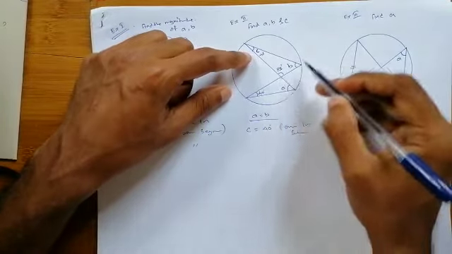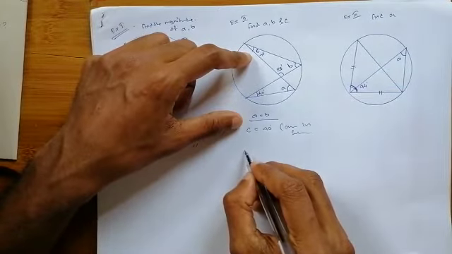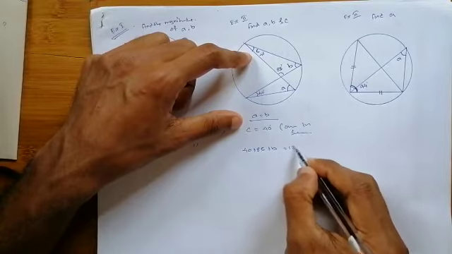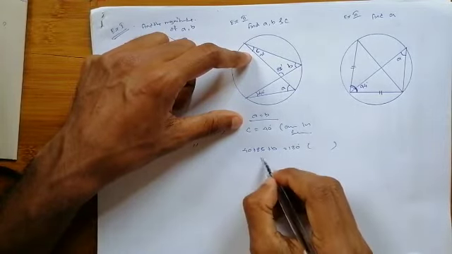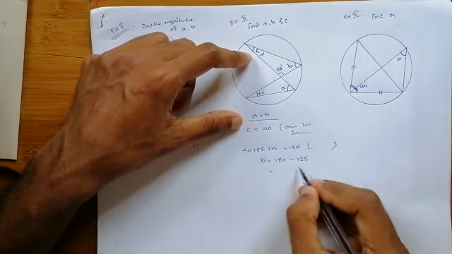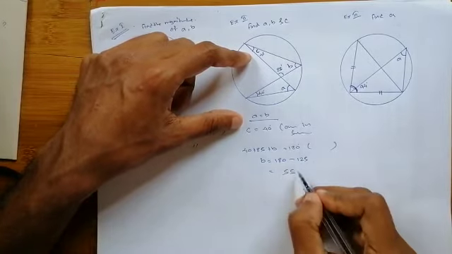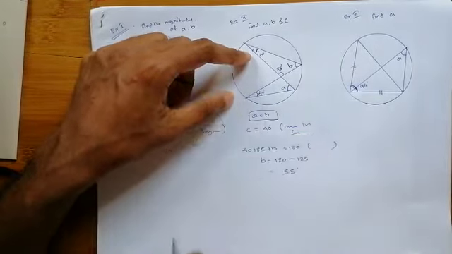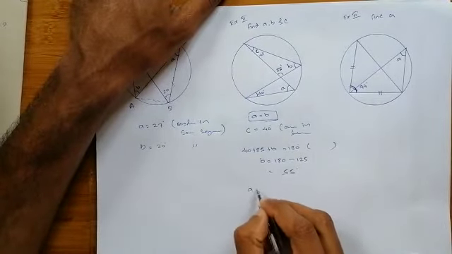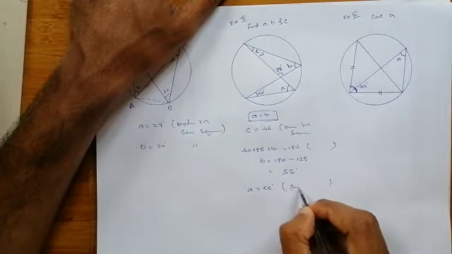Considering this triangle, we can find b. So 40 plus 85 plus b is equal to 180, sum of interior angles. So b equals 180 minus 125, that means 55. We already discussed a is equal to b because of same segment angles. So a is equal to 55, because angles in the same segment.